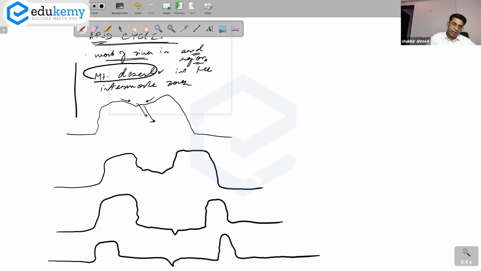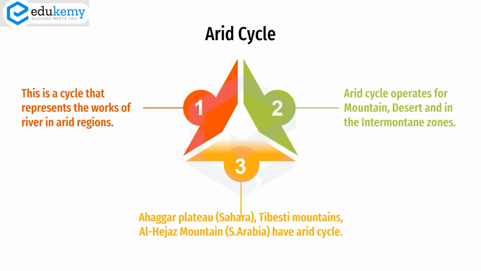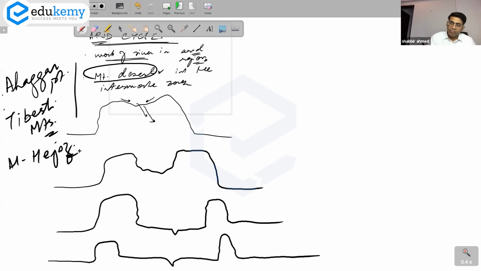If you know about Ahaggar Plateau, Sahara, Tibesti Mountains, or you know about Al-Hijaz Mountains in Saudi Arabia. So these type of mountains will have the arid cycle. So arid cycle is not a cycle for the deserts, remember. It's a cycle for the mountains in the deserts where there are rivers that start creating the landforms. This is an important distinction.